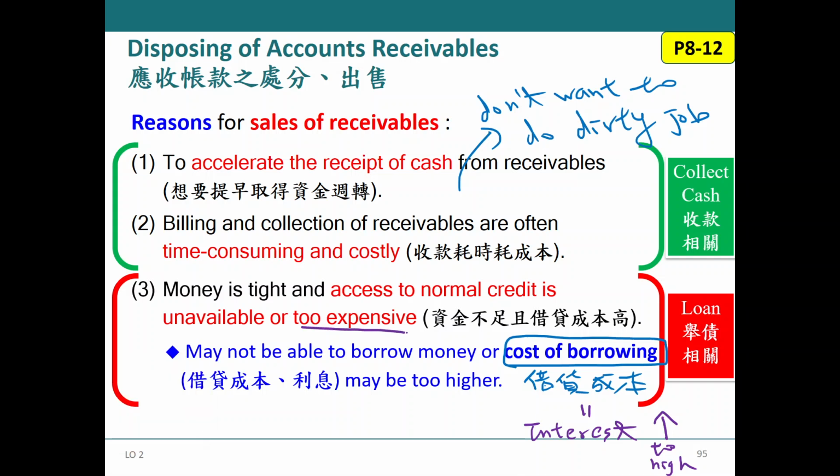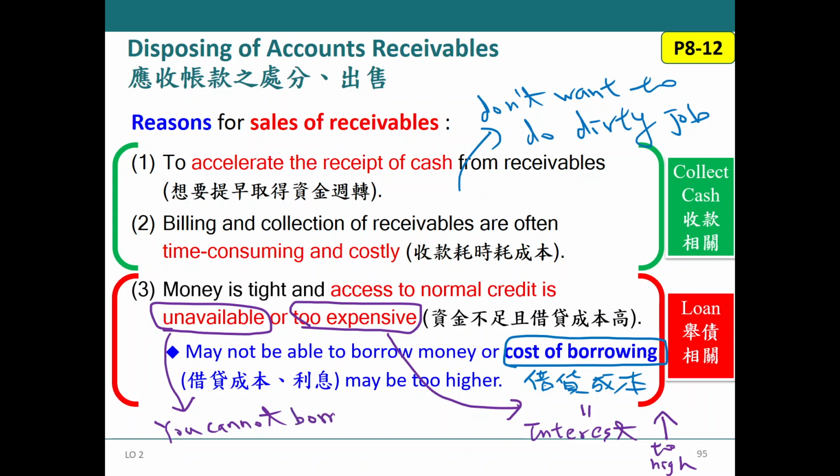So too expensive means this way: interest is too high. Unavailable means what? No one wants to lend you money. So you cannot borrow money from the bank anymore.